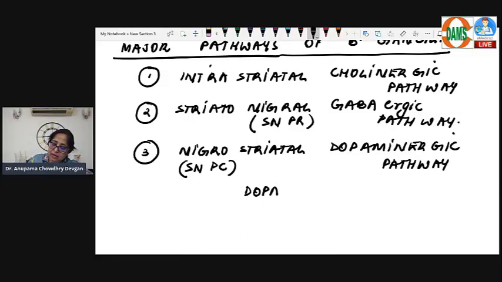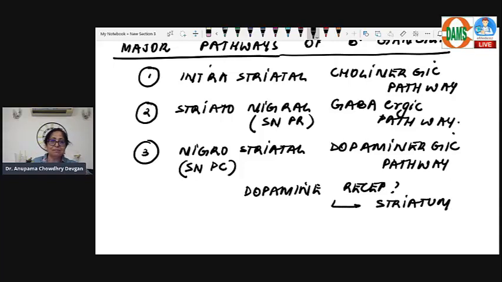Where are the dopamine receptors? Dopamine receptors are present on the striatum. Because what is the pathway? Nigrostriatal. Substantia nigra pars compacta neurons will secrete dopamine, but the dopamine receptors are on the striatum.